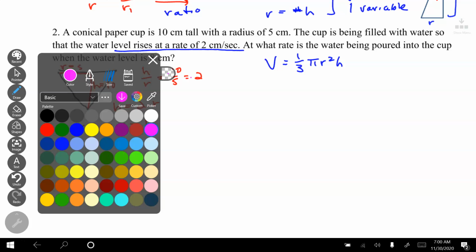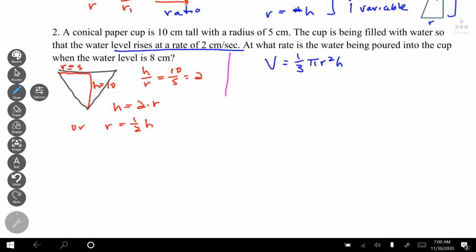Well, for me, this water level is height and it's a rate, so h prime is equal to 2. That is given to me. And I'm also finding at what rate is water being poured when the water level is equal to 8. Well, I know my height is equal to 8 at the moment.